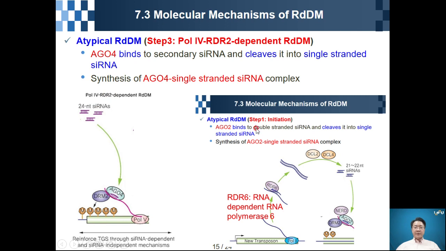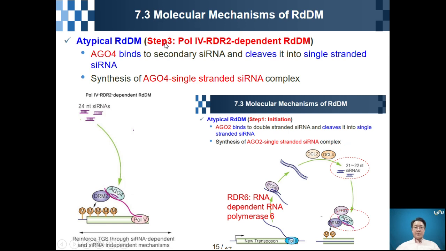How about in step 1, the initiation step in atypical RdDM? At that time, AGO2 binds to the double-stranded siRNA. This is a primary siRNA, and it cleaves it into single-stranded siRNA. After that, the AGO2 single-stranded siRNA complex is formed.